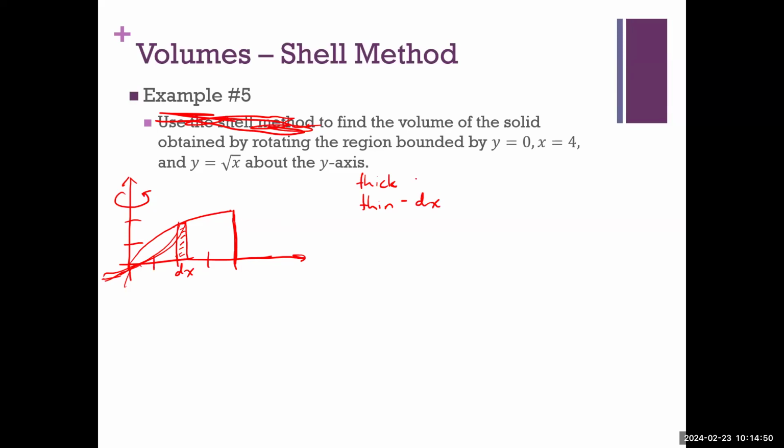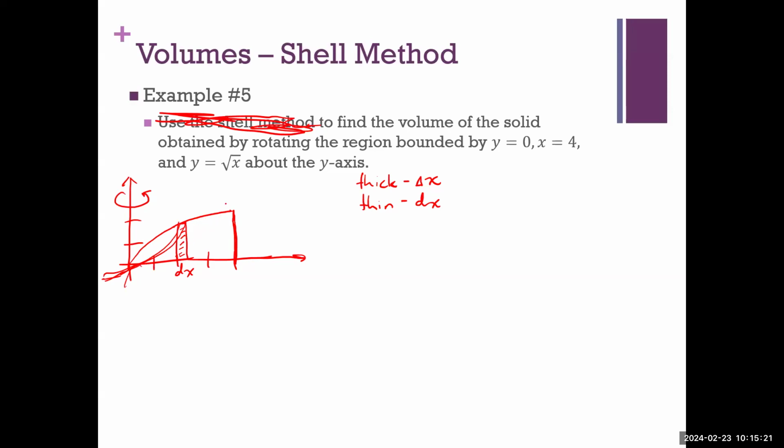As opposed to if I'm making a disc, that just comes from a larger thing. I'll call it delta x. So if I put my horizontal rectangle back in here, if I wrap that around the y-axis, where's the thickness of the shell, or the washer, coming from? It's coming from whatever this big change in x is. So that's really what I'm getting after when I use those vague descriptors, thick and thin.